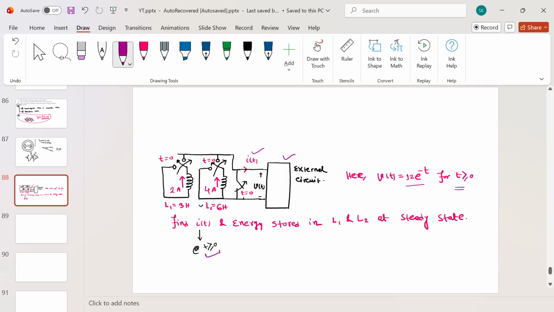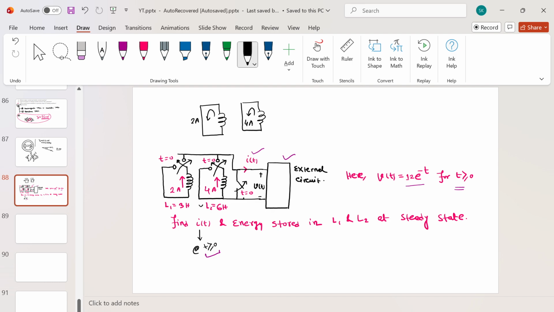Okay, so if I just show you what was the initial situation, let's say this is your inductor. Initially both the inductors were just short circuited, okay, and the inductor current for L1 was 2 ampere, so 2 ampere was flowing in this path and 4 ampere was flowing for L2.